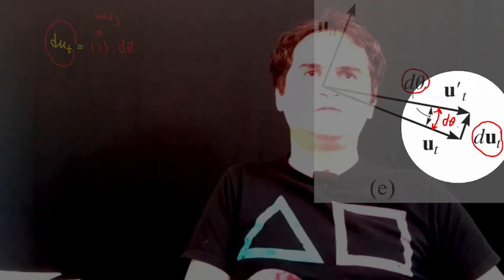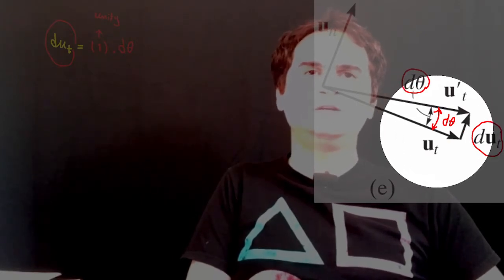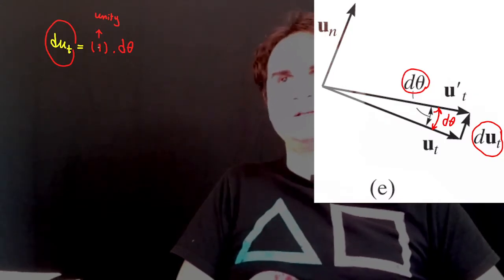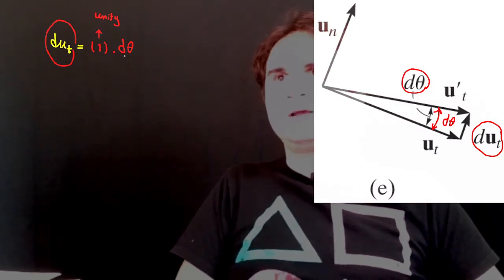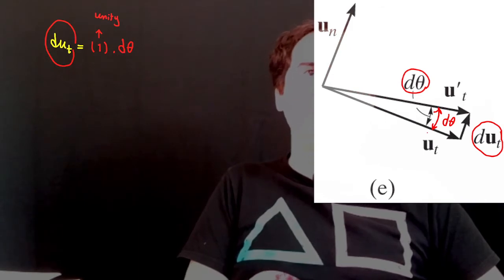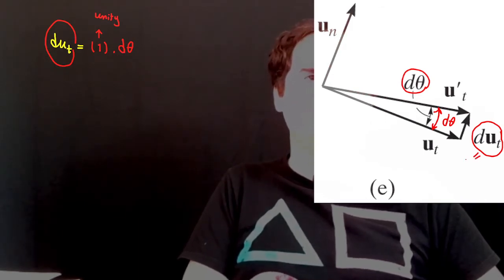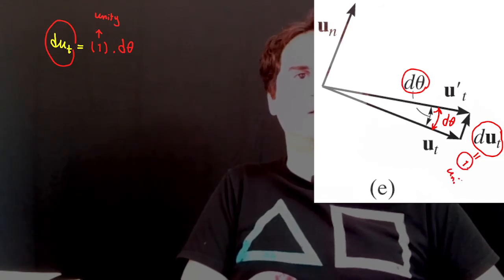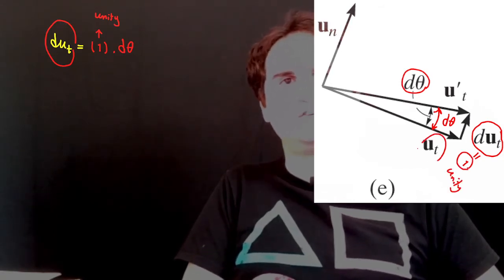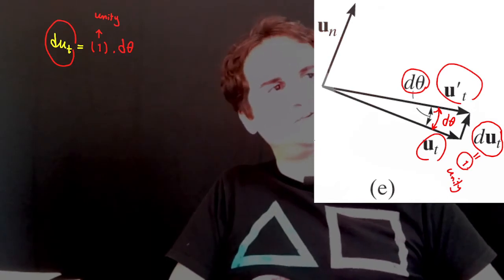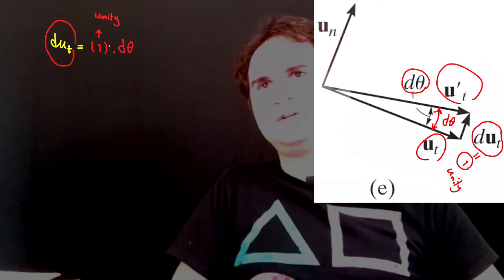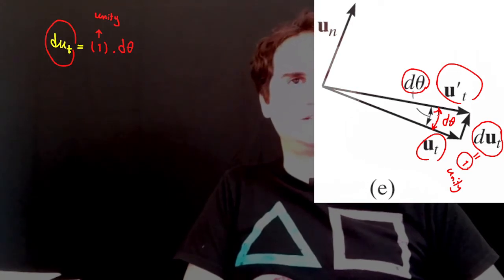The difference between those is du_t, and its magnitude is unity times d theta. That's infinitesimally small, and we can consider the magnitude as unity because it's the displacement between two unit vectors at two different times, that is, 1 times d theta, which is the angle.